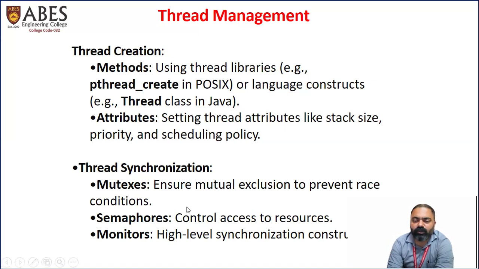We use mutex, to ensure mutual exclusion and prevent race conditions. Semaphores are basically signals. These can be binary or counting to control access to resources. Monitors are a high-level synchronization construct.